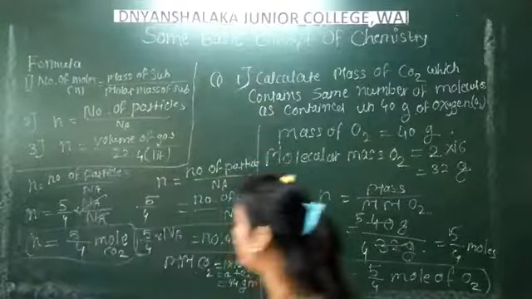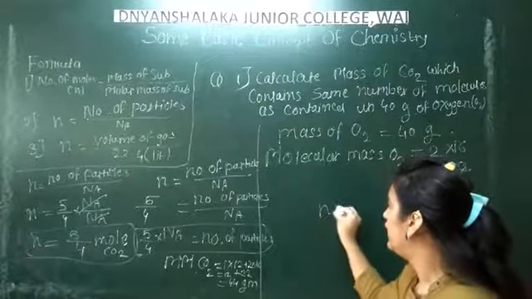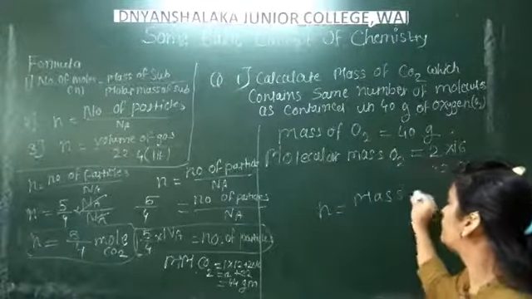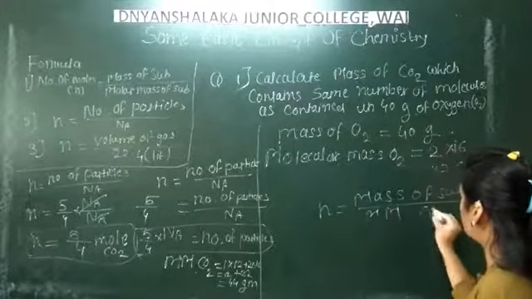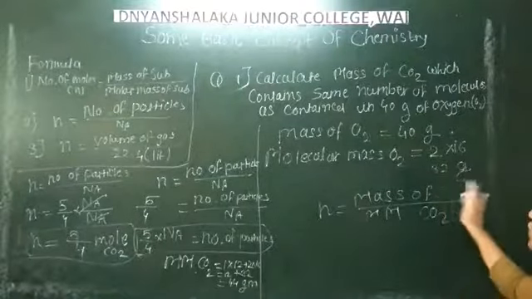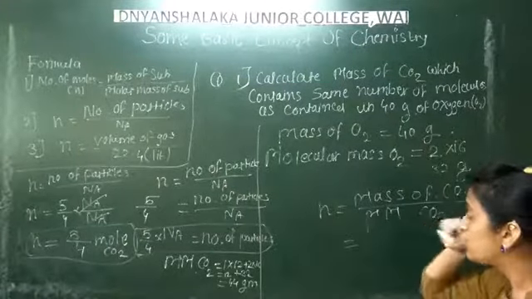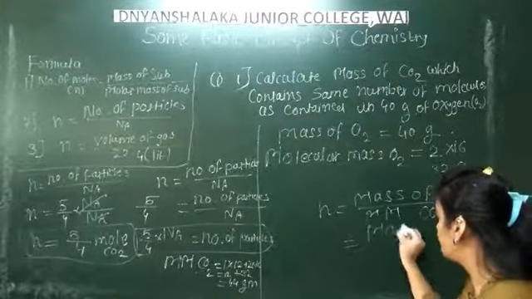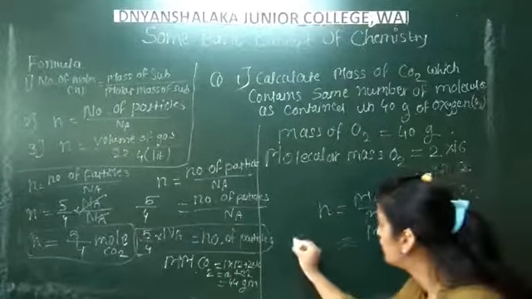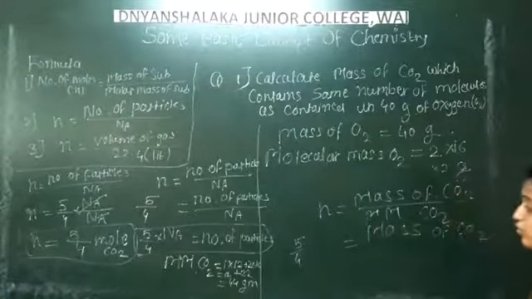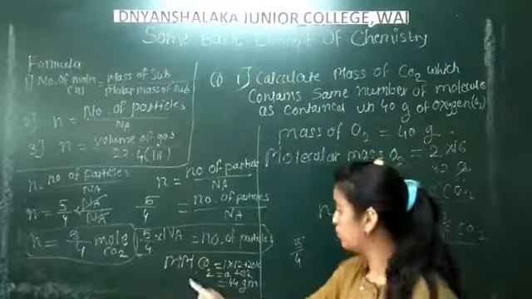Next we have to find the given mass of carbon dioxide. So we use the first formula: n equals mass of substance upon molar mass of substance, here CO2. The number of moles is 5 divided by 4 moles of CO2, and the molecular mass is 44 gram of carbon dioxide.